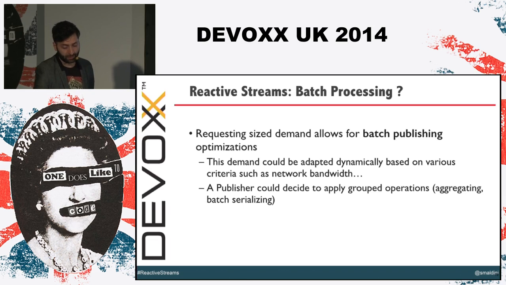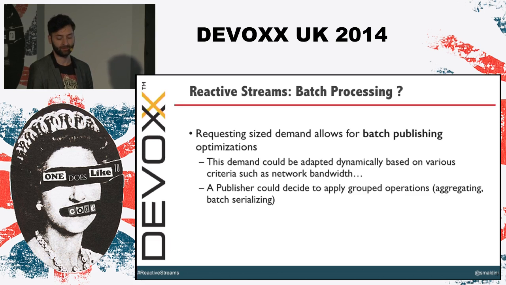So remember, I just talked about the nice aspect of reactive streams, signaling demand dynamically. That also allows for batch publishing optimization. If your publisher knows how much data is ready to be accepted by your consumer, one of the things you can do is package and aggregate all the data in n size.